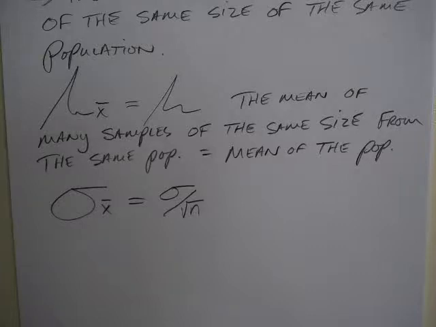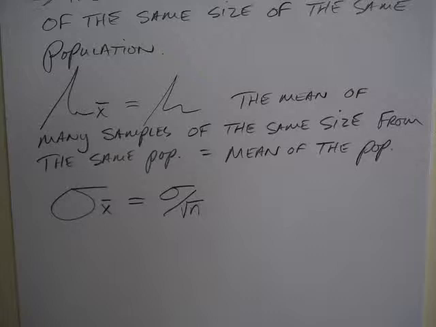Any idea why we would divide that by the square root of n? I'm betting you know it, you just don't know you know it yet. So what happens when I increase the sample size? What happens to the width of our normal curve, assuming that we have a normal situation? If I increase the sample size, the curve does what?